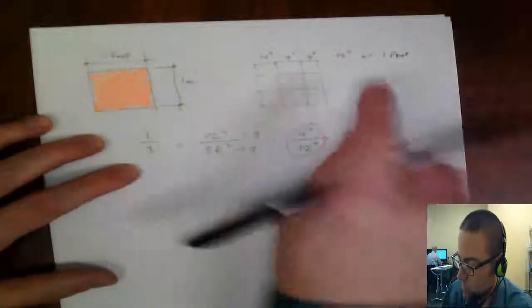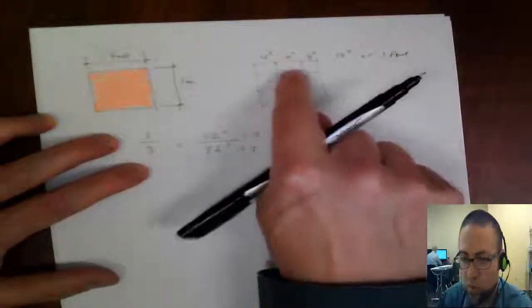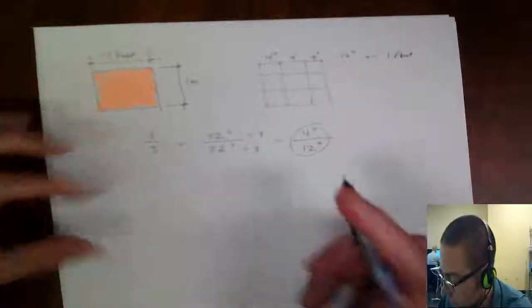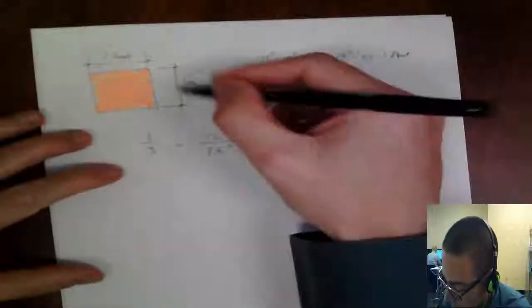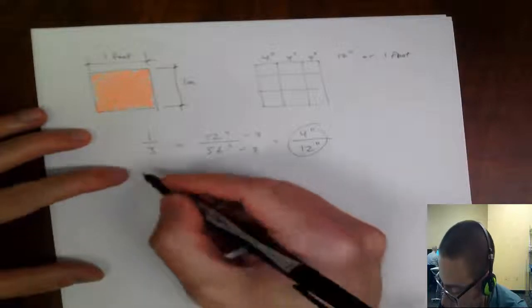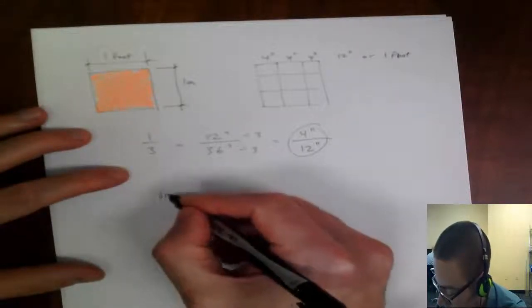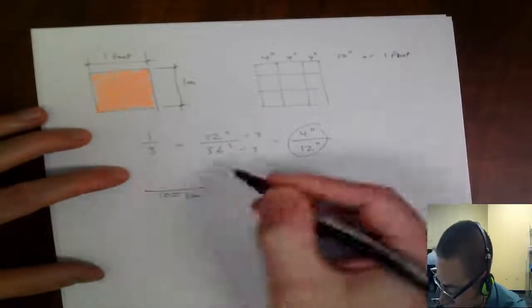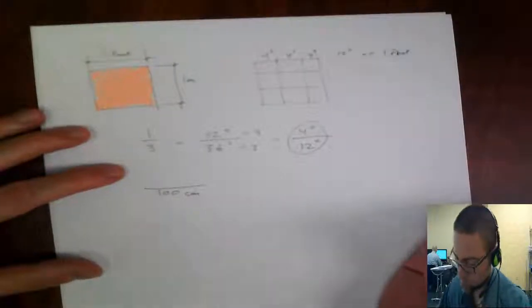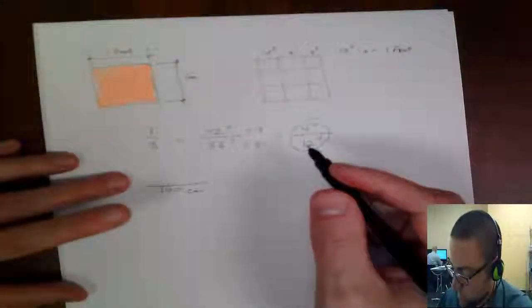So it's easy enough to do splitting 12 up into 3 equal parts, right? So that would be 4. But what if I wanted to split 1 meter up into centimeters? Well, this is 100 centimeters out of how much? Okay, so this one's a little trickier, right?